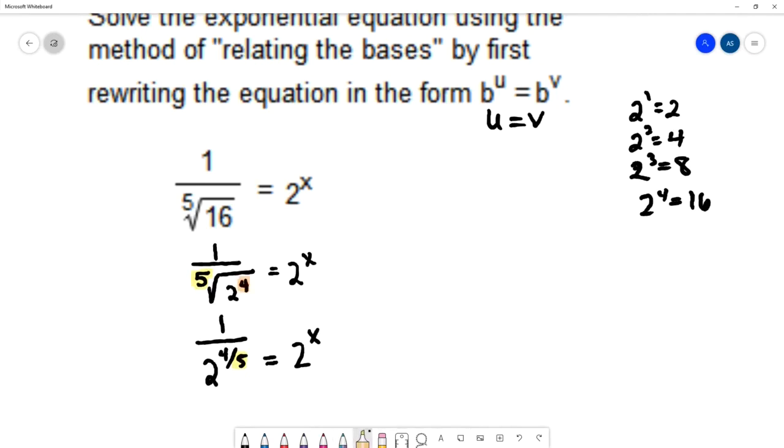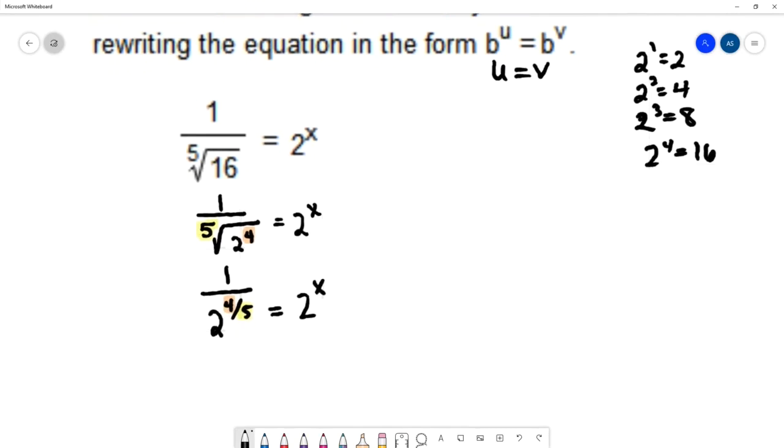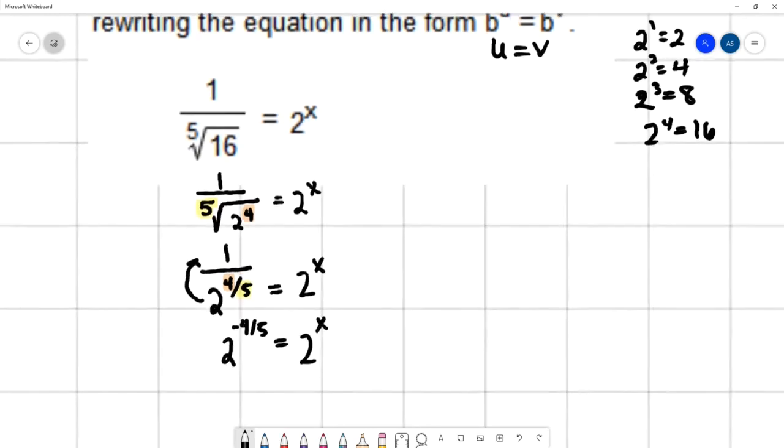We had the 4th power and we still have the 4th power. And one last thing that we can do, we have 1 over, so we can use one of the properties of negative exponents and move this factor to the numerator. That would give us 2 to the negative 4/5 equals 2 to the x.